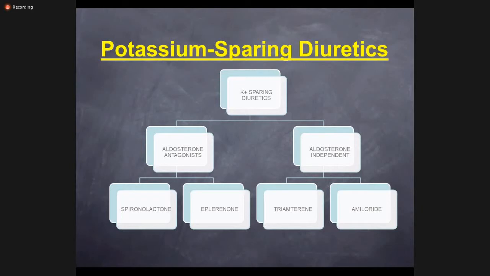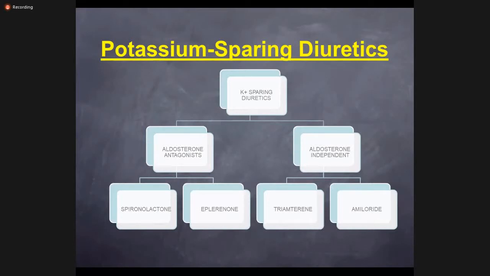So thiazide diuretics, because they produce mild excretion, that is why generally we use thiazide diuretic in mild to moderate hypertension, right?